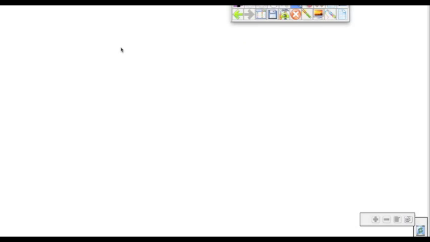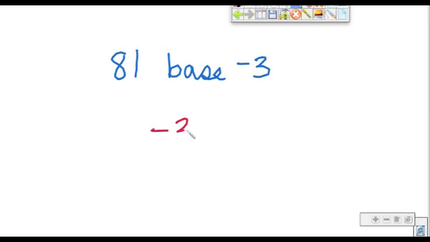Try this one. If I give you the answer of 81, and I'm telling you to use the base of -3, how many -3's does it take to get to the answer of 81? So I know my base is going to be negative 3 down here. So what is my exponent going to be up here?